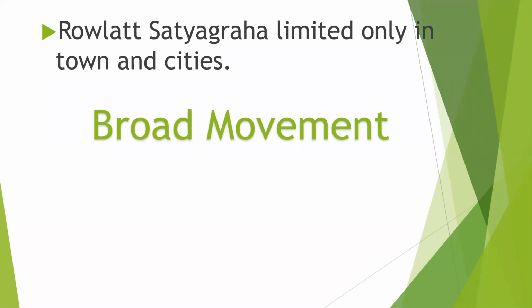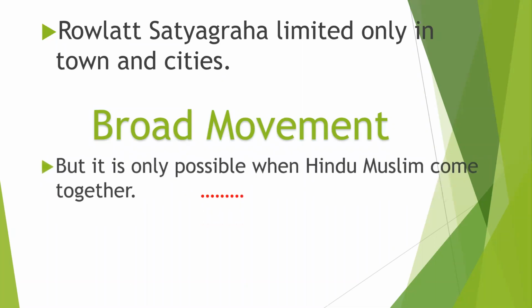But my dear students, if we think about that situation, there were many people who belonged to different cultures, and different religions also. So Mahatma Gandhi knew that it was possible only when Hindus and Muslims came together. जिस वक्त वो दोनों इकट्ठा हो जाएंगे, then a broad movement can be started.